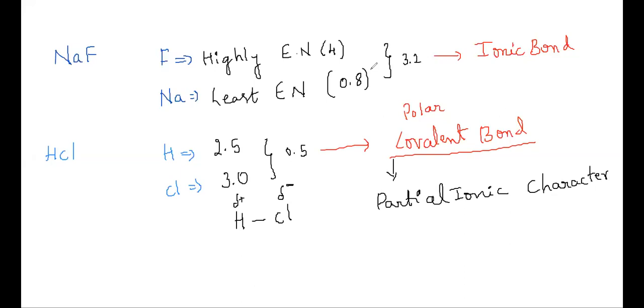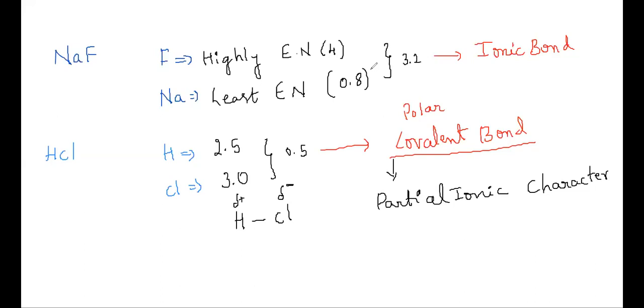They are not going to donate the electron. Yes, hydrogen shares both electrons. What happens in the case of HCl, I'm asking? Are they going to share, or are they going to donate and accept?